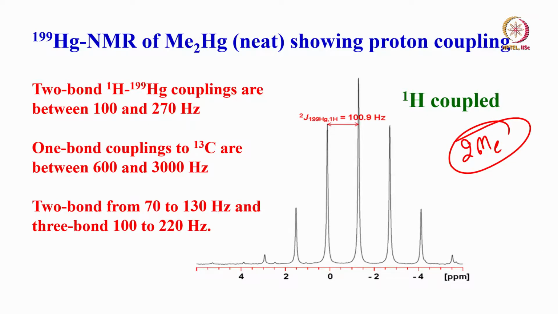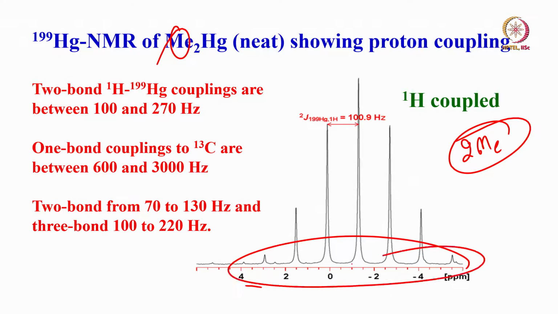See, mercury will split into a quartet because of one methyl, and each line of that quartet becomes another quartet because of the other methyl. So what is the pattern you are going to get? A septet. We worked out in the proton spectrum the multiplicity pattern. That's why we explicitly took this example, to see that if one spin is coupled to 2 methyl groups of equal coupling, this is the pattern you are going to get. This is a proton coupled spectrum. Okay.